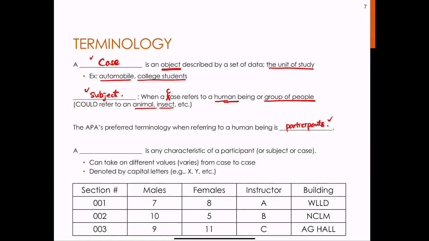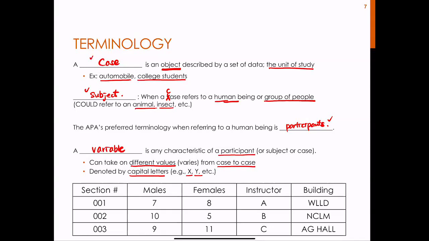And a variable is any characteristic of a participant or subject or case. A variable can take different values from case to case, and it's denoted by a capital letter like X, Y, and so on.